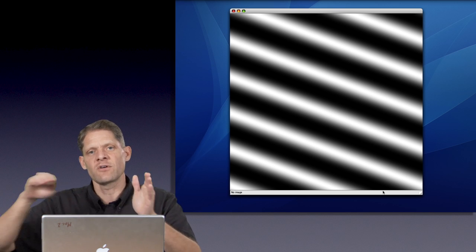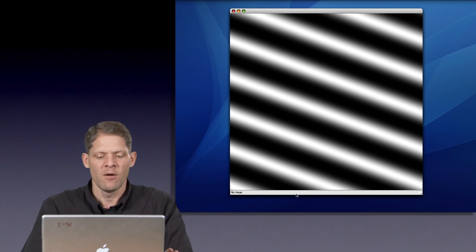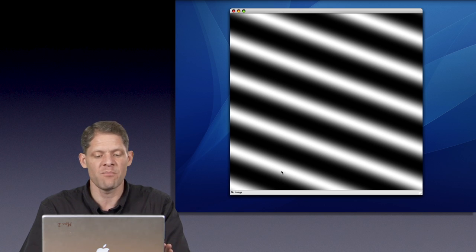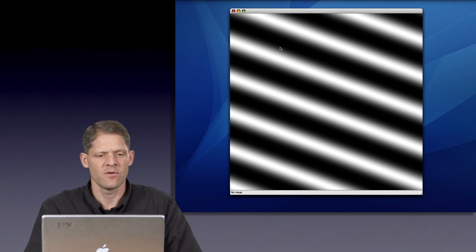Two wavelengths across the box in X. But in Y, in any location, you'll see 5 wavelengths across the box. So we rise to a maximum, another one, third one, fourth one, fifth one, before we cross the box. So this is a 2-5 wave.